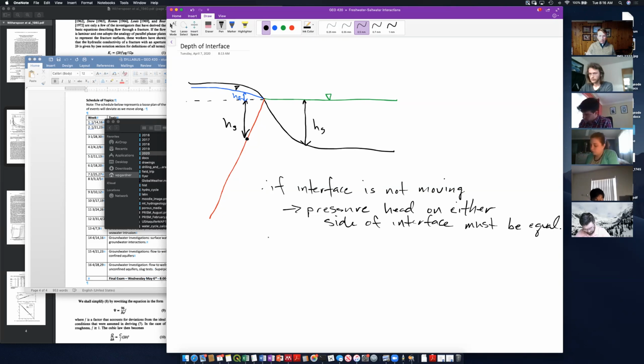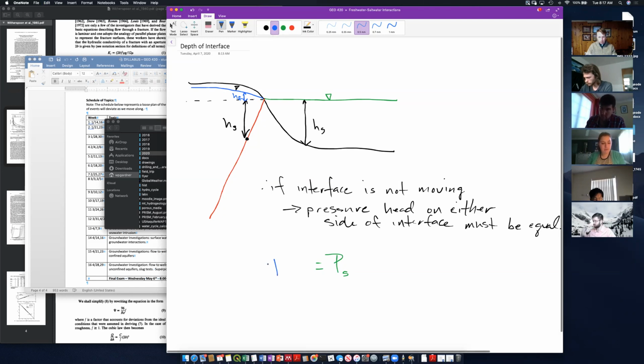All right, so I can write the pressure head of the saltwater side, all right, so I have my pressure on the saltwater side has to be equal to my pressure on the freshwater side.